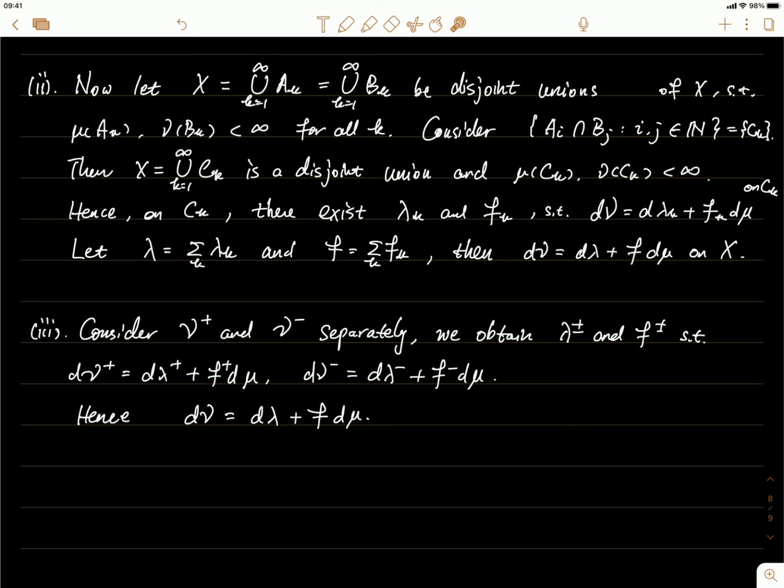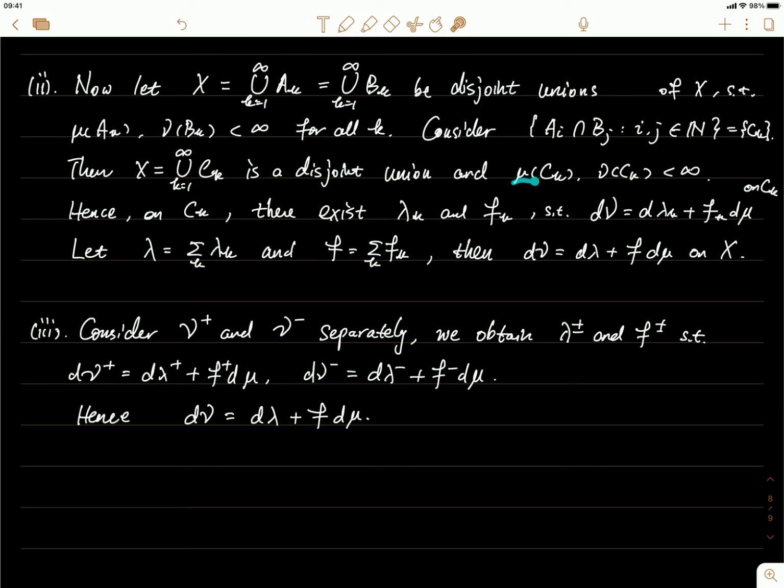Then we re-denote these sets as C_k. Then we can show that this C_k is again a disjoint union of X, and also the two measures mu and nu are finite on each of these sets.